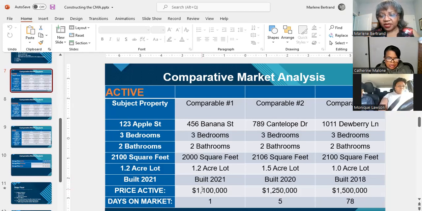It's summer now and prices are different. So maybe prices went up in the summer, and that's something you want to know. Say, take comparable number one, they have it on the market at $1,100,000 in the springtime, but now prices are higher.